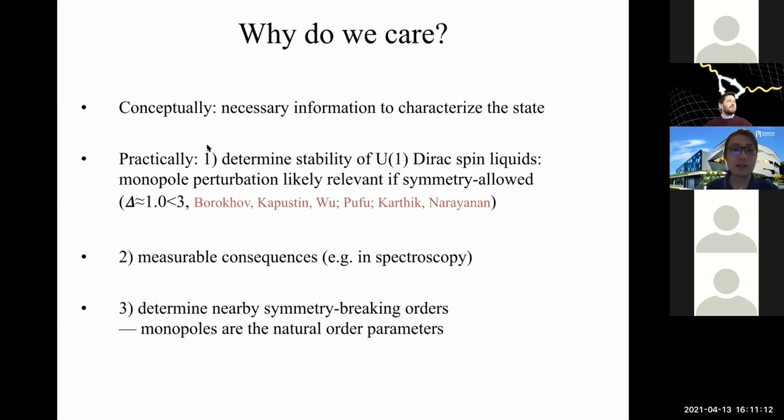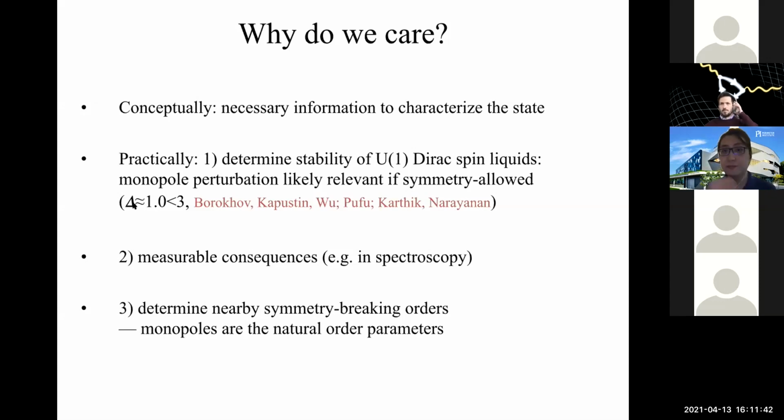Because we know that the lowest monopole, the monopole that creates 2-pi flux, is almost certainly relevant in the RG sense. The scaling dimension from various estimations, both large N and lattice Monte Carlo, indicates that the scaling dimension is well below 3. So it's certainly a relevant perturbation.